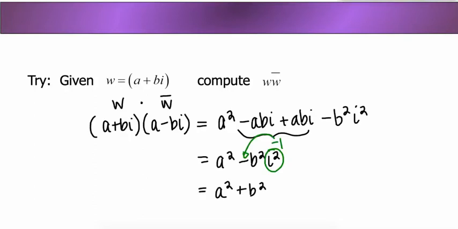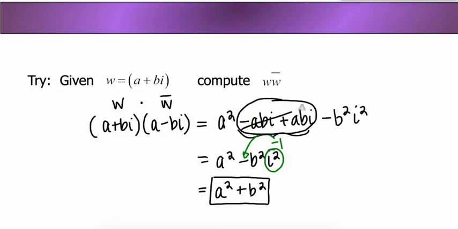Now hopefully you got the answer of a squared plus b squared. If you did not get the answer a squared plus b squared, you can take a look at the work I've shown. I've FOILed out, or multiplied out, the product of a plus bi times a minus bi, and I showed that your outer and your inner, these values right here, are going to cancel out.